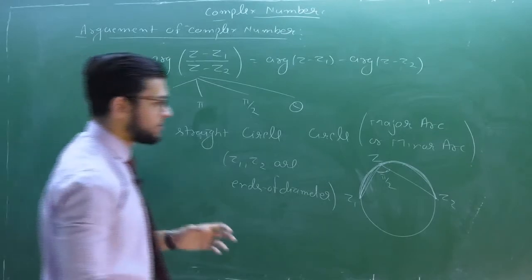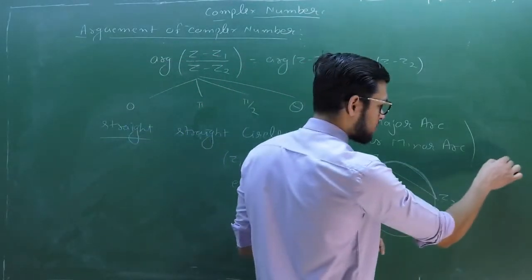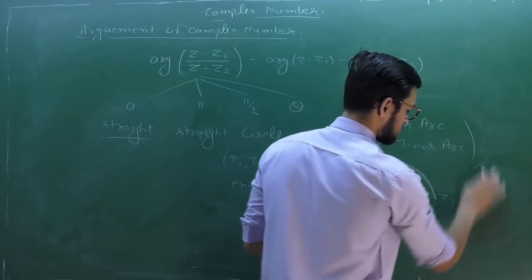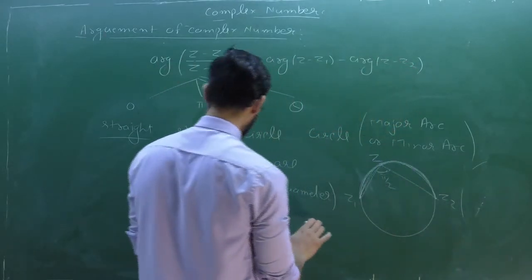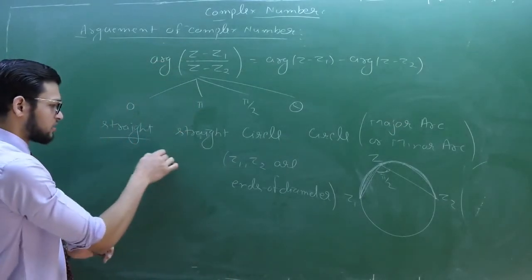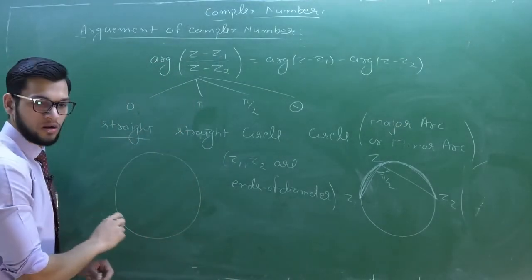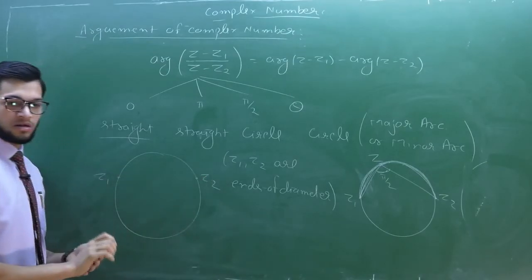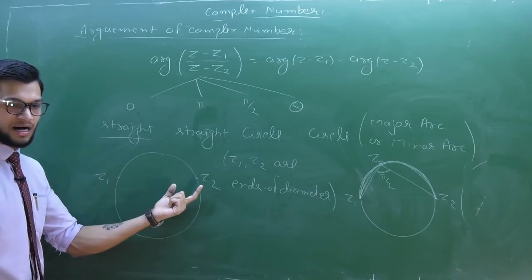But if we have an argument difference between these arguments as theta, then we have a circle. Suppose z1 and z2 are these points.